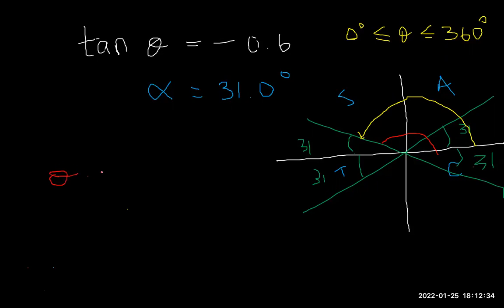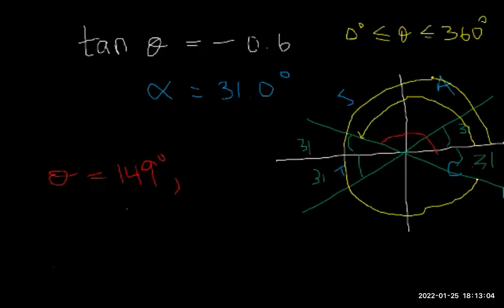149 degrees. And how did you get that? You subtract 31 from 180 degrees and it'll give you 149 degrees. If I drew another one of these yellow things, and I said the other possible quadrant is the fourth quadrant, so I go all the way around until I stop here at this line.